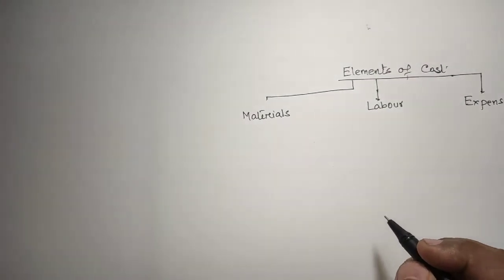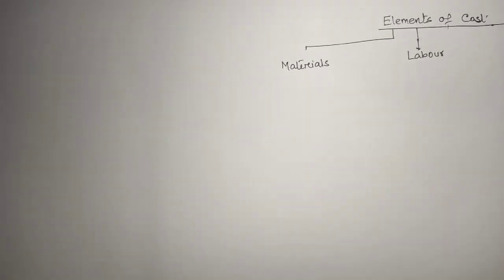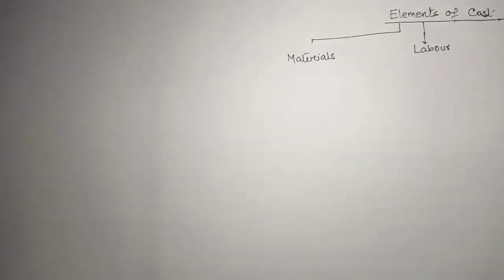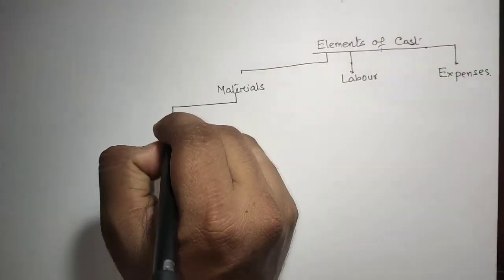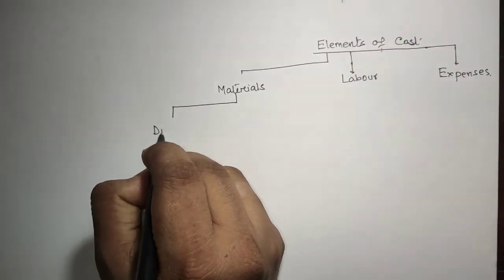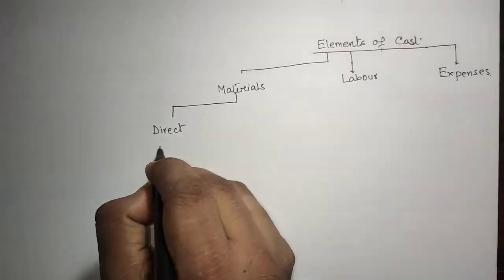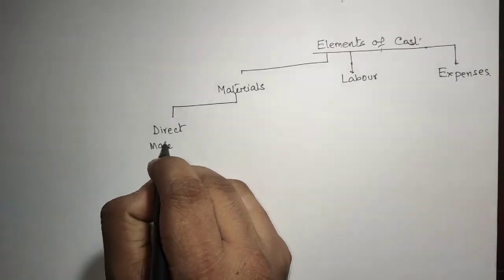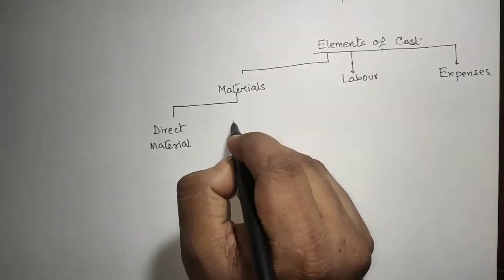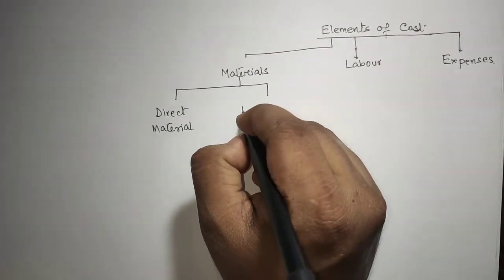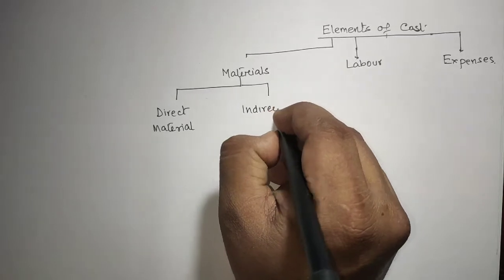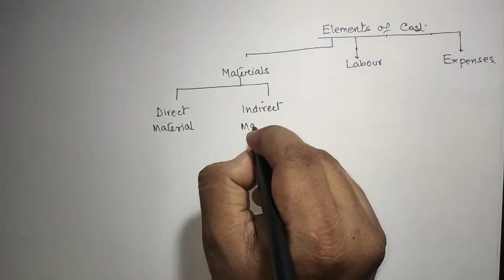Again, if we talk about material, it is divided into two parts. First of all, direct material and indirect material.